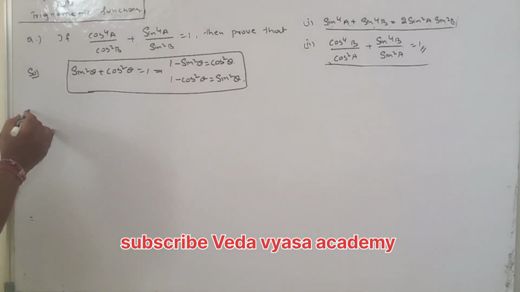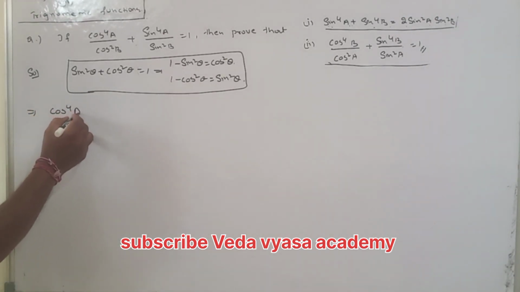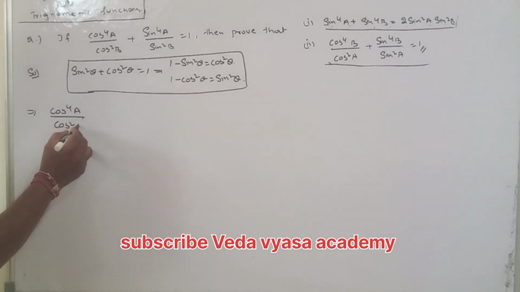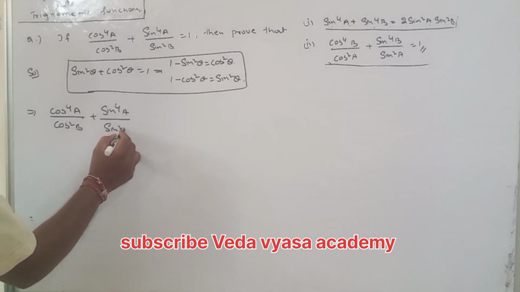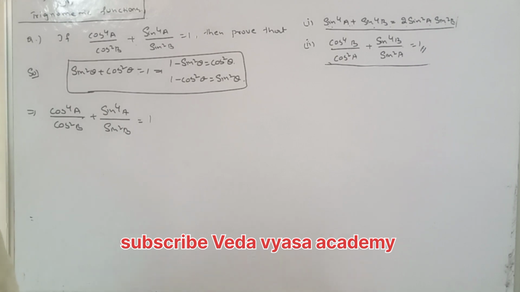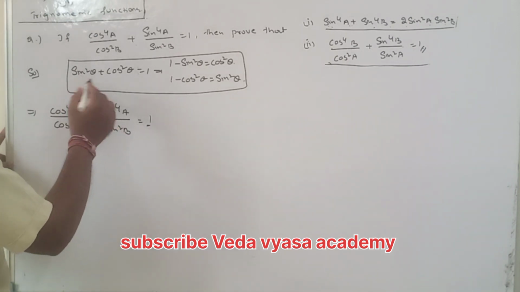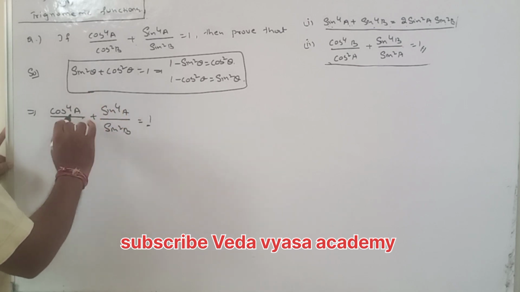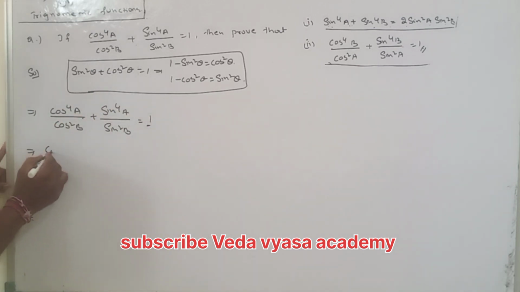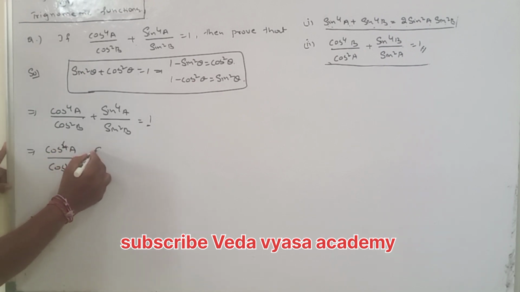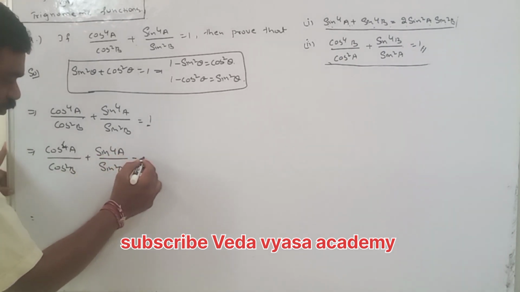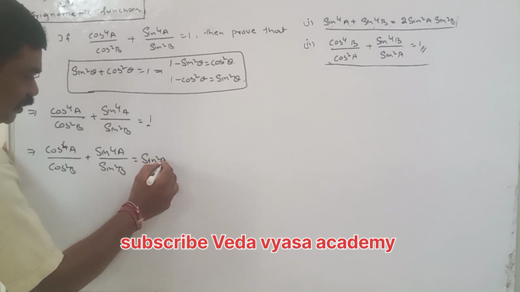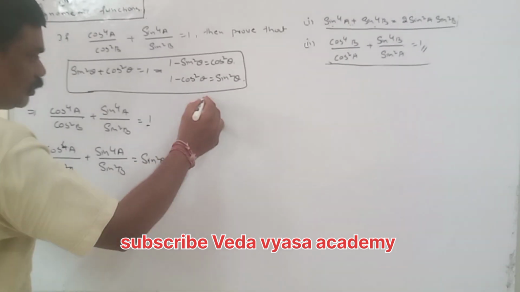We are given cos⁴A/cos²B + sin⁴A/sin²B = 1. But what is 1? 1 is equal to sin²A + cos²A. So cos⁴A/cos²B + sin⁴A/sin²B = sin²A + cos²A.